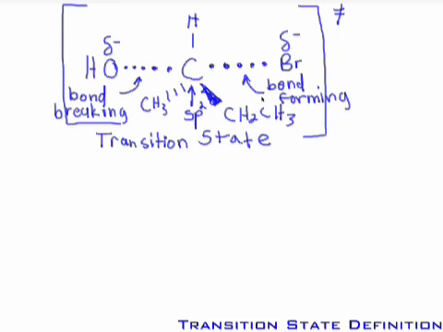A transition state has no finite lifetime, but it is the highest energy structural form traversed in the smooth transition of reagents into products, or reagent into intermediate. So let's say that again. A transition state is the highest energy structural form traversed in the smooth transition of reagents into products.